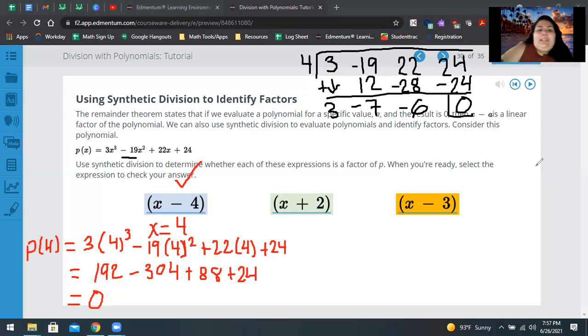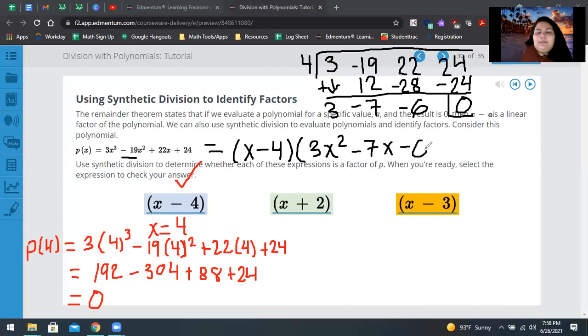So if you think about it, I can rewrite p of x with, I already know x minus 4 is a factor. I can write this out as x minus 4, parentheses 3. Remember, originally we started with x cubed. This is now going to be 3x squared minus 7x minus 6.